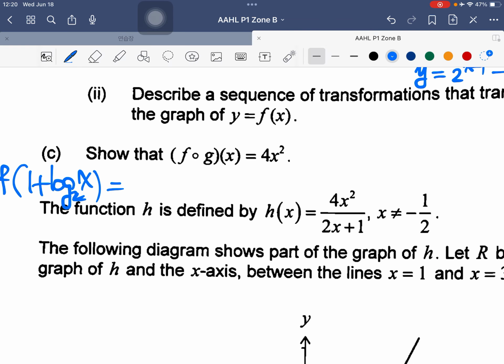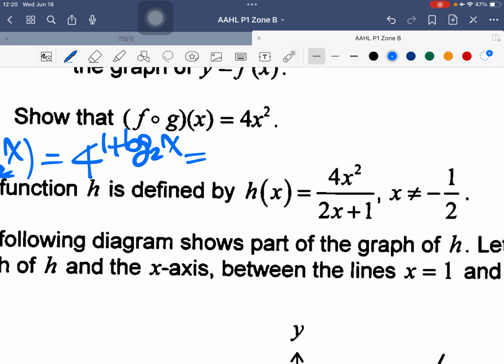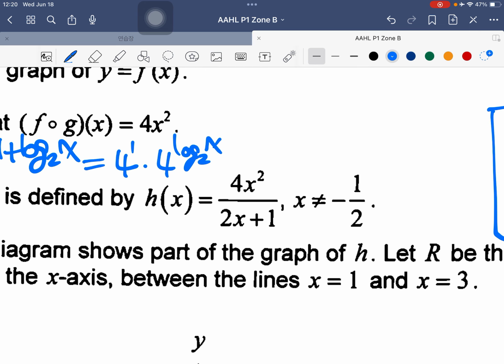So that means 4 to the 1 plus log base 2 of x equals 4 to the first power times 4 to the log base 2 of x power. 4 times, 4 can be written as 2 squared, to the log base 2 of x power.